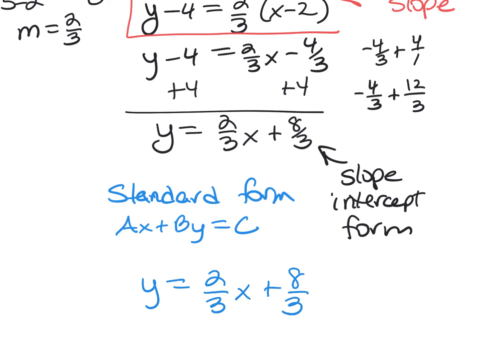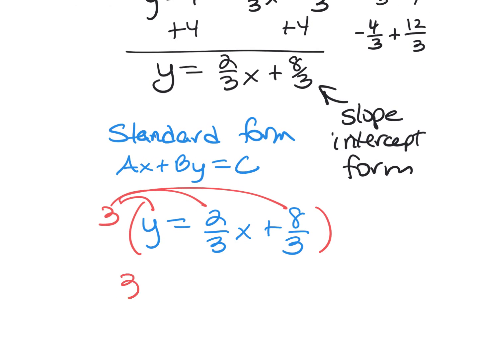First thing I'm going to do is get rid of my fractions. So I'm going to multiply everything by 3. So I'm going to distribute a 3 here, here, and here. So this will become 3y, 2x, plus 8. Now, standard form, I need to get x, y equals a number.